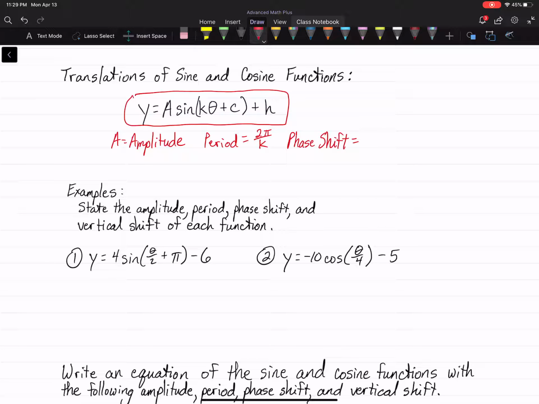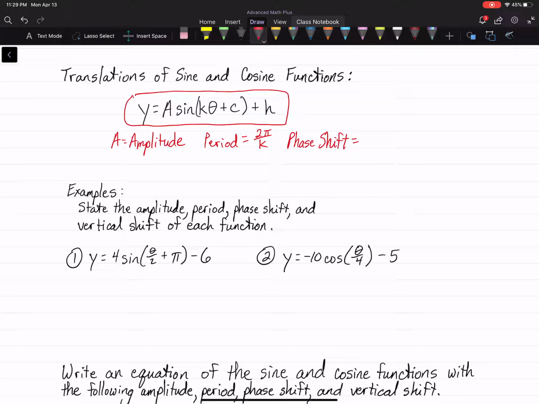I don't know why they call it the phase shift. It's known as the horizontal shift if you want to relate it back to some of your Algebra 1, Algebra 2 days. But the phase shift basically moves the wavelength left or right. It translates it left or it translates it right.